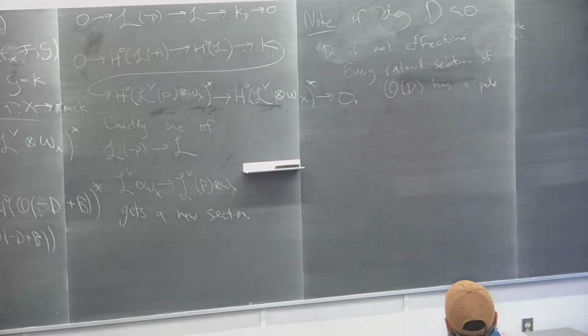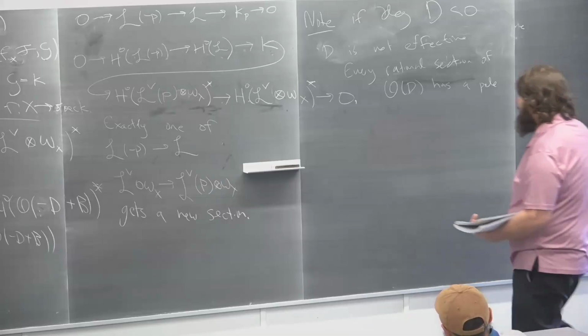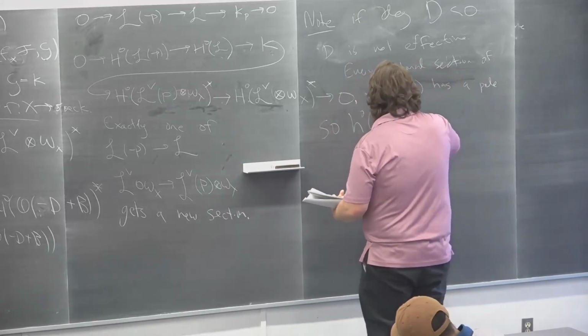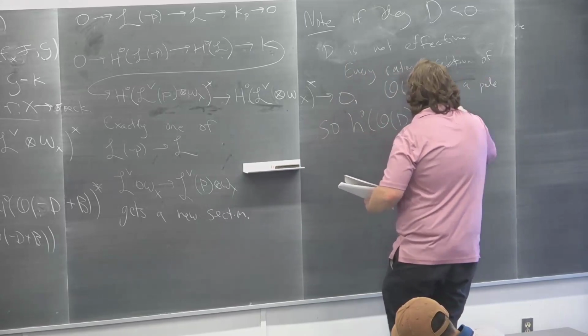The degree is the sum of the number of poles with negative weights and zeros with positive weights. So if the sum is negative, there must have been a pole in there somewhere. So H0 of O of D is 0.